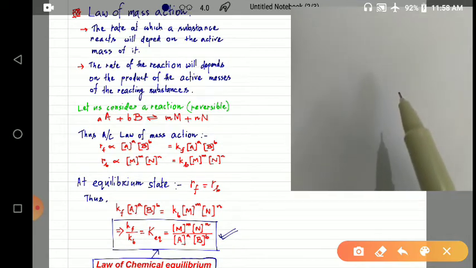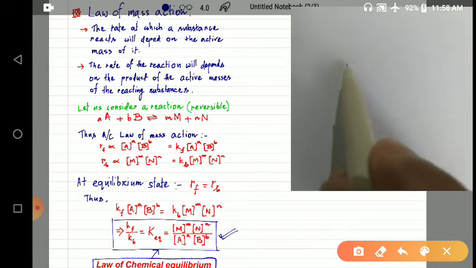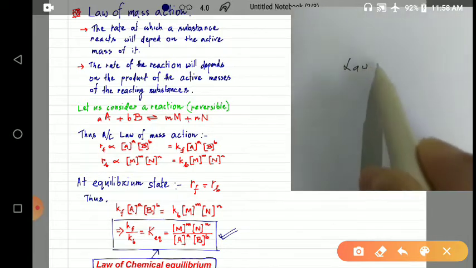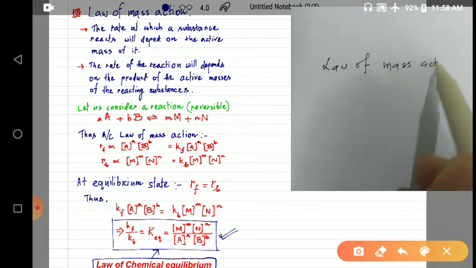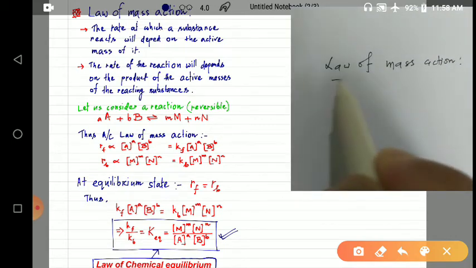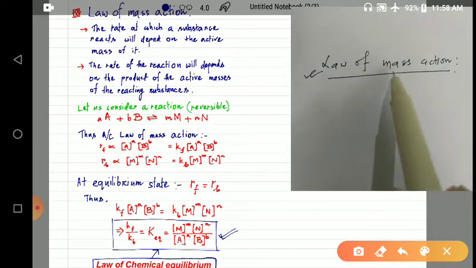But before derivation of that law, we have to know some basic concepts, namely the law of mass action. What is the meaning of the law of mass action?